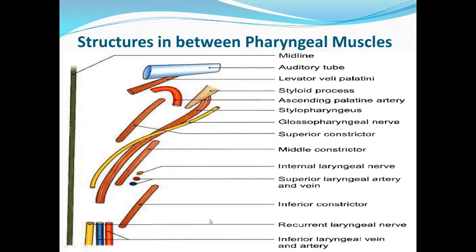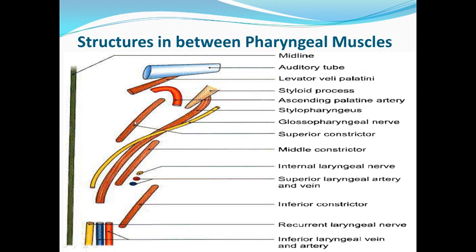The longitudinal muscles are also there, but the most important structures of the pharyngeal wall are the three constrictors, and among their gaps there are certain structures which reside.